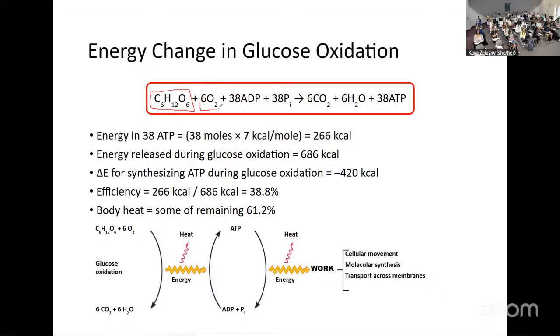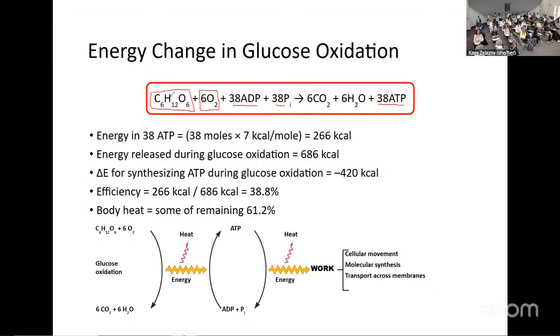So here's our 6O2, our 6 oxygen molecules. These are usually not drawn in the equation for cellular respiration, but they are important. So we're going to need some precursor molecules for our ATP. We got our 38 ADP molecules and 38 phosphate ions. They're going to give us 38 ATP when they come together on the other side.